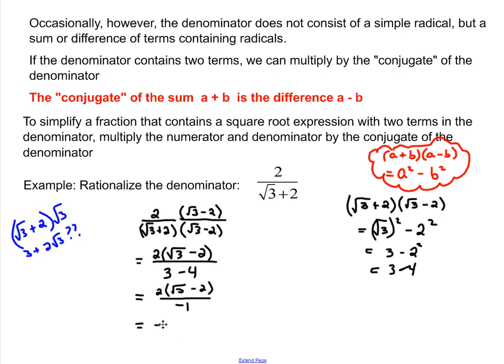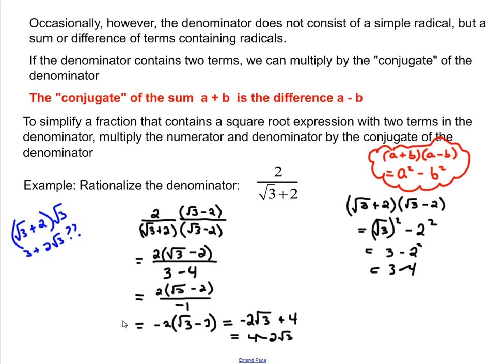That's like multiplying the numerator by negative 1 and ignoring the denominator. We can leave the numerator in this form, or we can multiply through that negative 2 and get negative 2 times the square root of 3 plus 4. Or if you reverse those terms, 4 minus 2 times the square root of 3 is its equivalent.